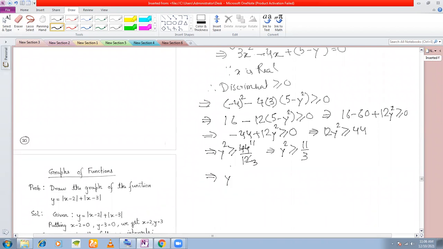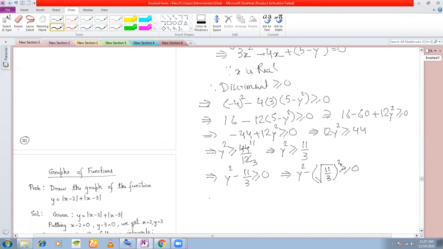For this, you can take 11 by 3 to the other side. Let's say root 11 by 3. You have written this as the difference of two squares.